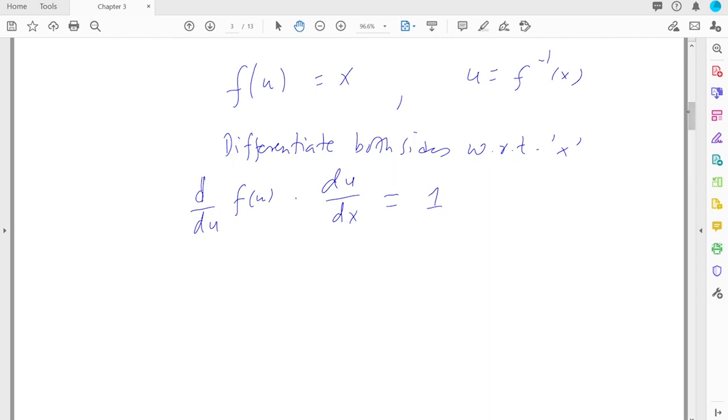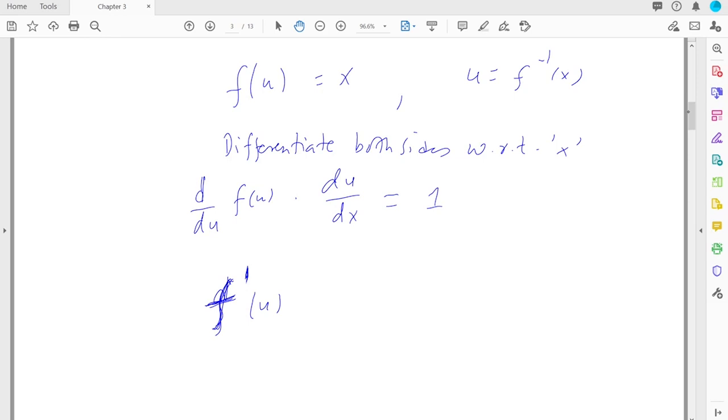Now, as you can see, u is f inverse of x, and this is the derivative of the function f with respect to u. So this is actually f prime, the derivative of f, at u. What is u? u is the value of f inverse at x.